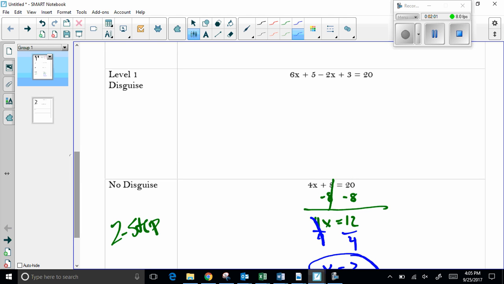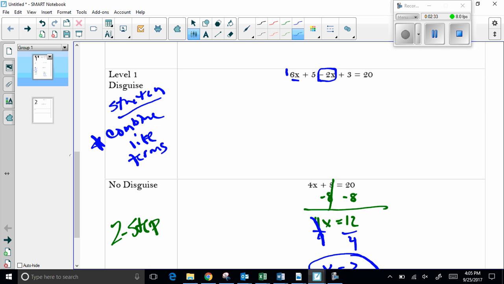Well, now we're going to move up here. There are some times when they take a simple two-step equation, but they stretch it out in this disguise, and you have to combine like terms. If you're able to combine like terms, you'll be able to get it to this two-step equation form. So let's look. I have a 6x and a negative 2x right here.